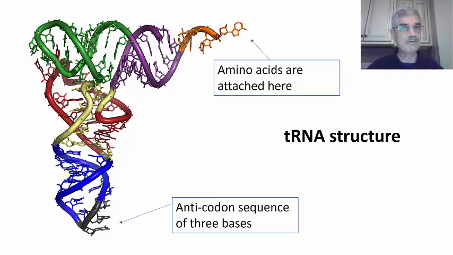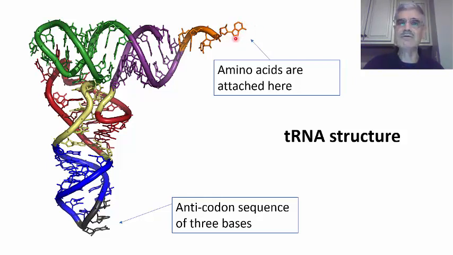Now, there are many, many different tRNAs for reasons we'll see in a second. But they all have a very similar structure as shown here. It's kind of like an L-shaped molecule, but there are two really important ends to the molecule. On this top part of the molecule is where one of the 20 amino acids is attached covalently.